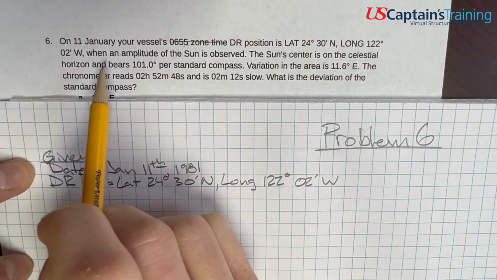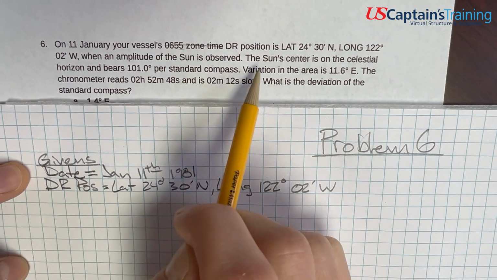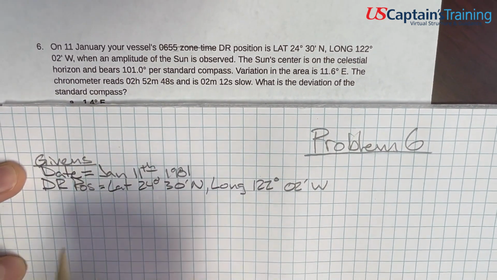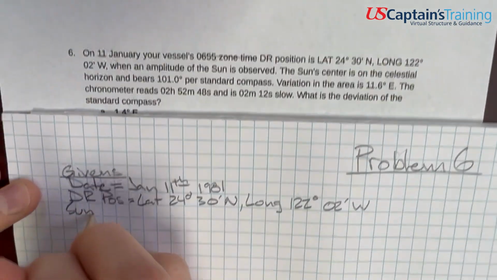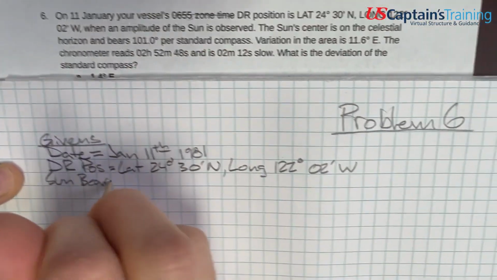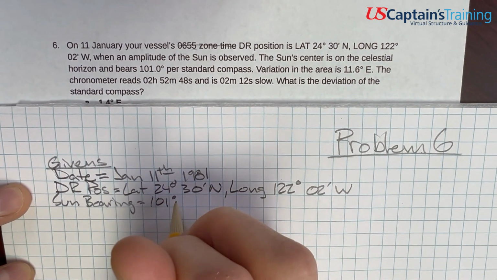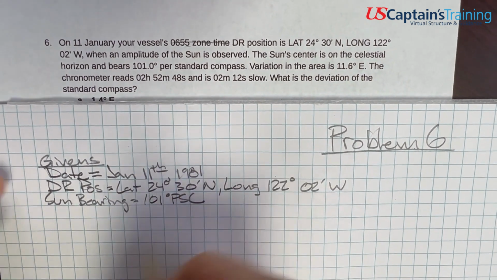And when an amplitude of the sun is observed, the sun centers on the celestial horizon and bears 101 degrees. So it gives us the sun's bearing, which is 101 degrees PSC.